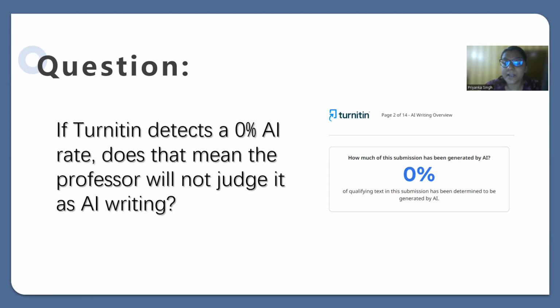Professors and tutors have experience and can manually detect AI writing through inconsistencies, awkward phrasing, and other signs that tools might miss. Therefore, relying solely on a 0% AI rate is not sufficient to ensure the integrity of your work.